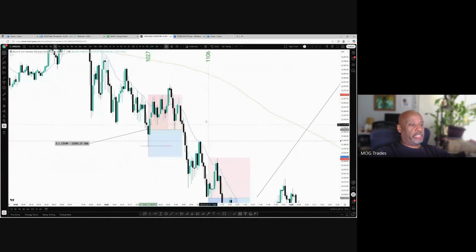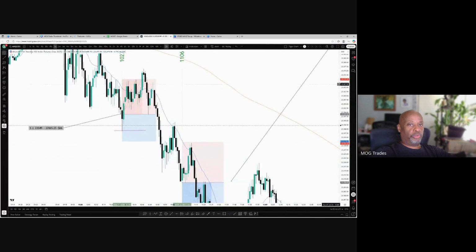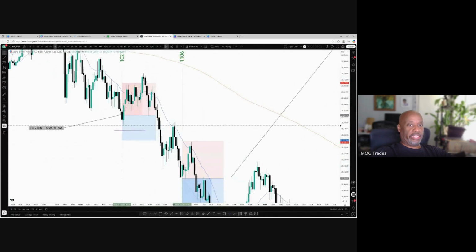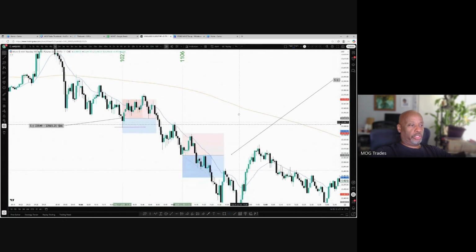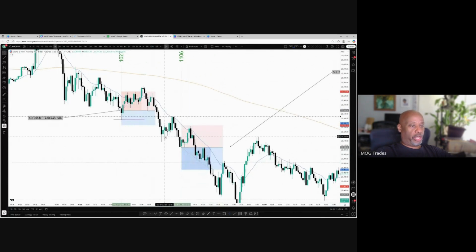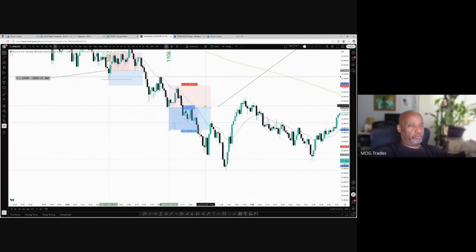Next trade. Next trade was at 11:06, and it was a short as well. So that last one obviously was a loss, was negative RR. This one here was a 1-to-1. Okay. Stop loss was above the swing high here.